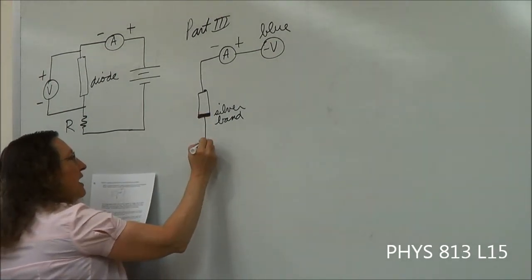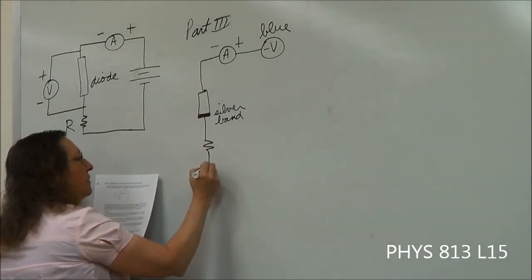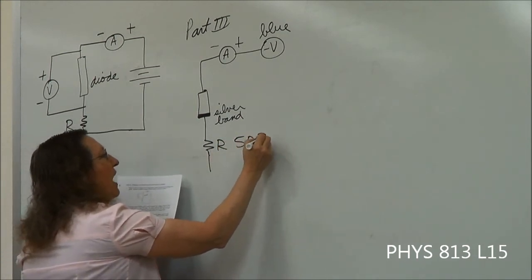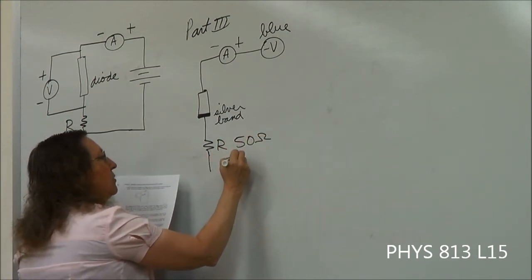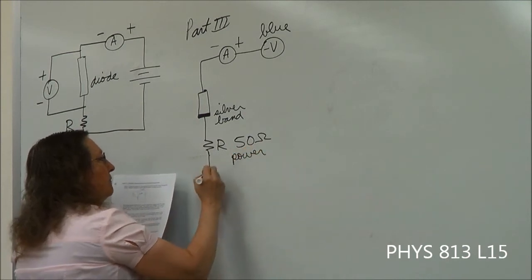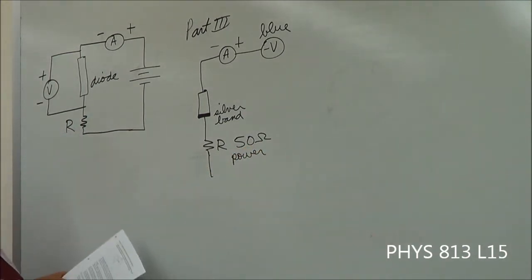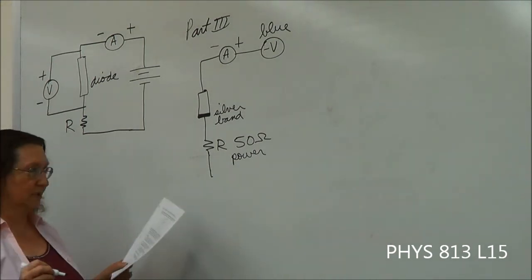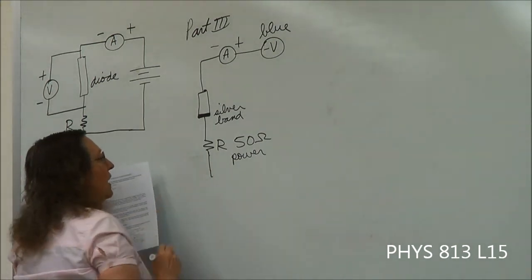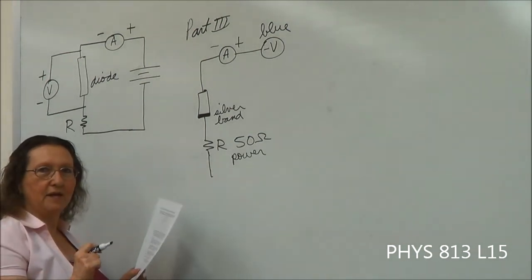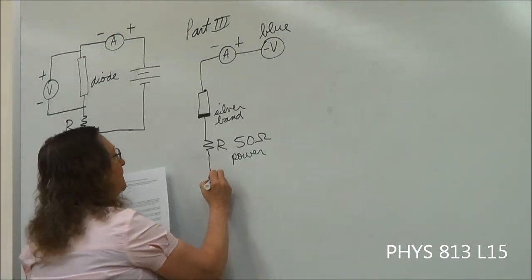Then we have a resistor here. And this is the 50 ohm power resistor, which I will show you in a minute. Because I did try this with some regular resistors and things get really hot. So I almost burned myself a few times and I felt heat, and I decided that's not really good.